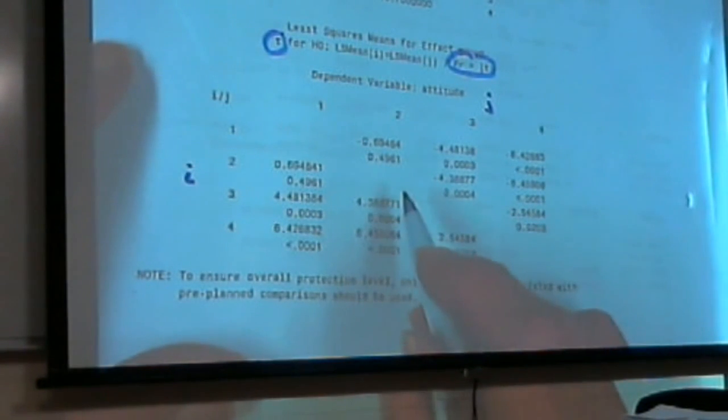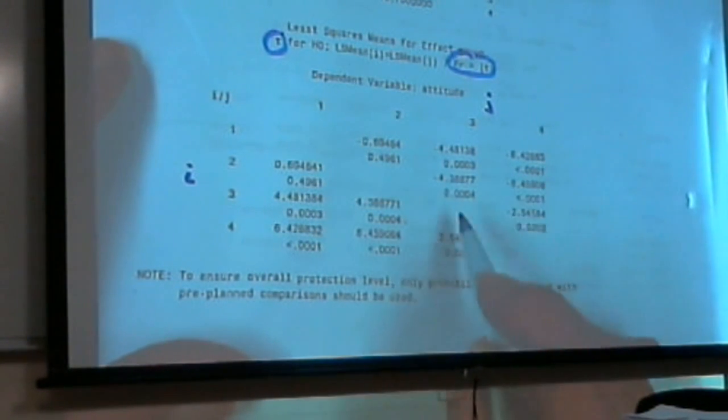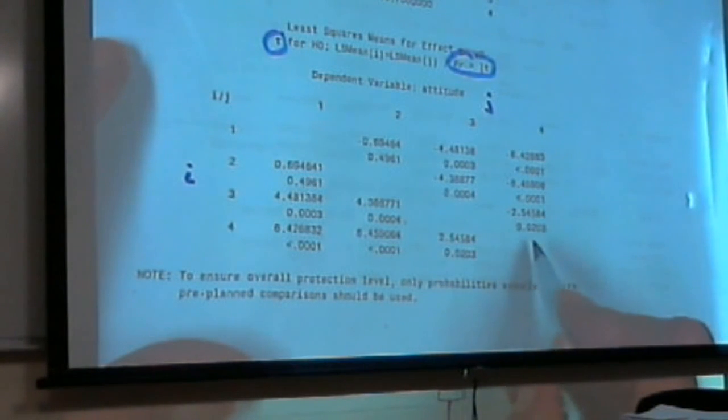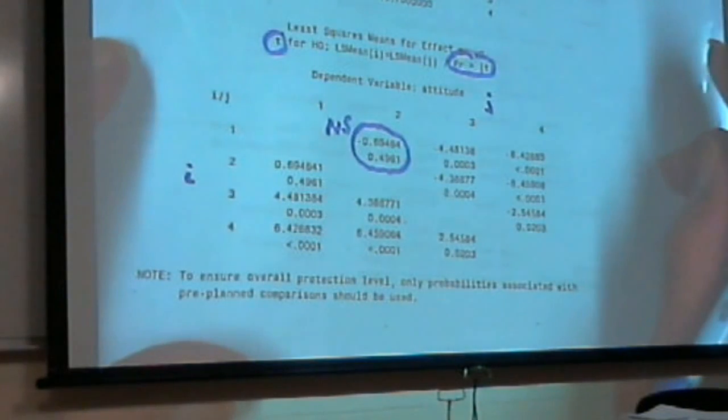If we look at this, we're just going to look at the p-values. Not significant, significant, significant, significant, significant, significant. So the only one that I see that's not significant is that one right there. All the other pairwise comparisons are significant with a t-test.